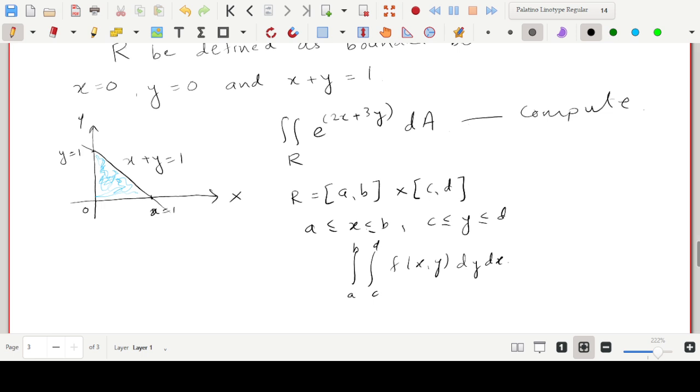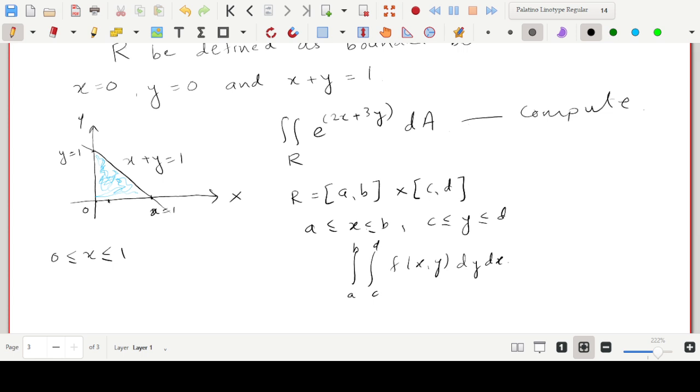x is varying from 0 to 1, but y is also varying, as such from 0 to 1, but not for every x. Now let's try to figure out the limits of integration of x and y. First we shall begin by letting x vary from 0 to 1, and then accordingly see for a fixed x how y varies.